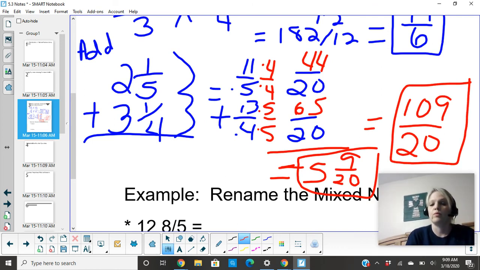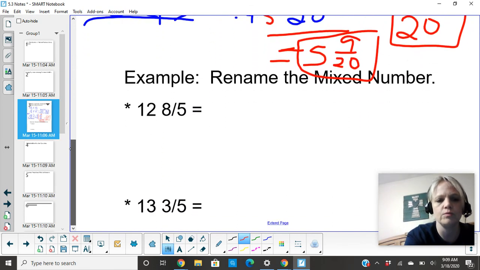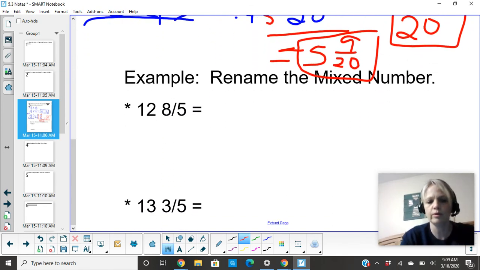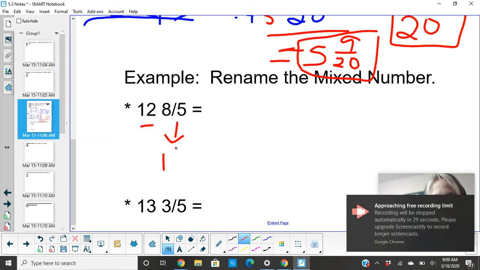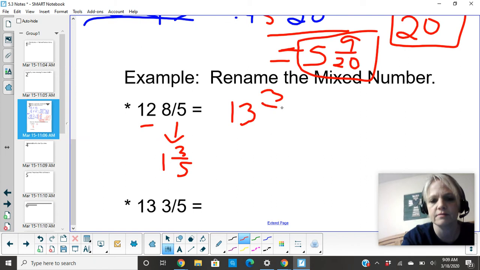Subtraction works the same way, except you just subtract the numerators and put them over the denominator. Okay, so we want to look at also renaming the mixed number. So here we have 12 and 8/5. This is the same thing as 1 and 3/5, right? So that's 13 and 3/5.